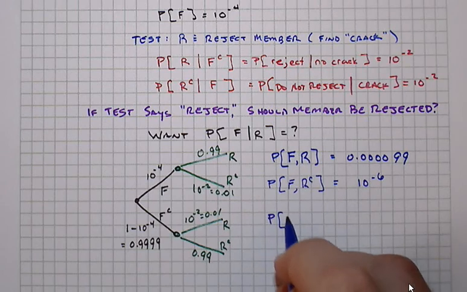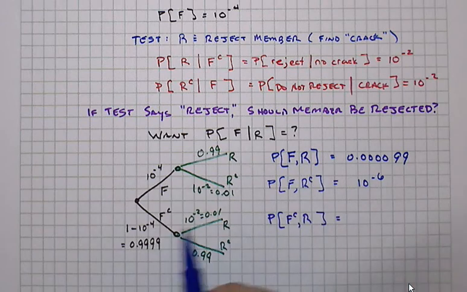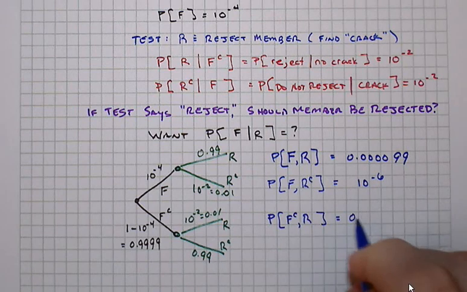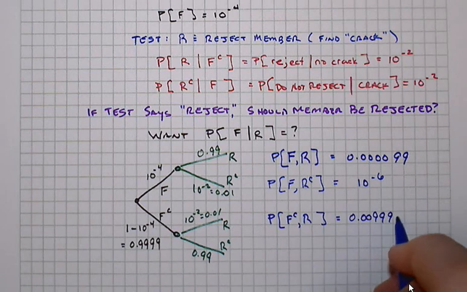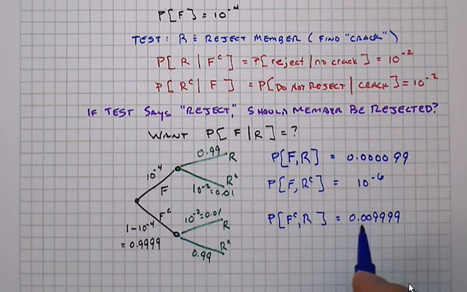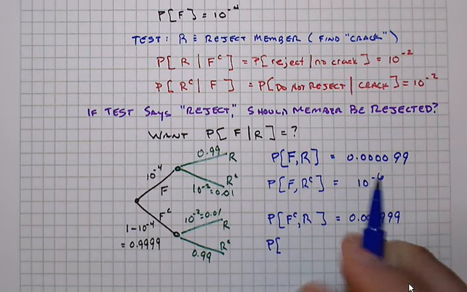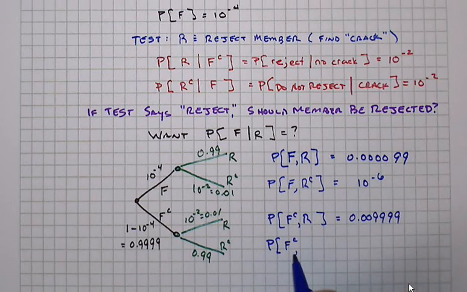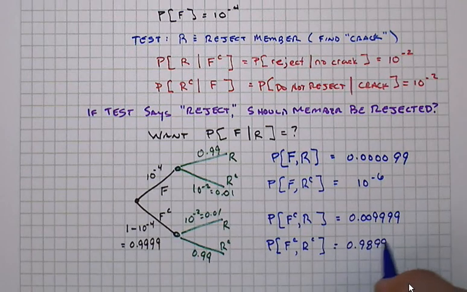The probability of no crack yet we reject is 0.9999 times 0.01, so 0.009999. Seems like a small number, right? And the probability that we have no crack and the test says there's no crack is 0.9999 times 0.99, or 0.989901-ish.